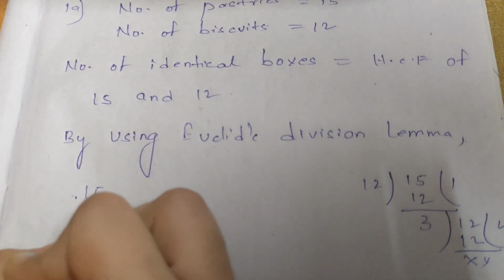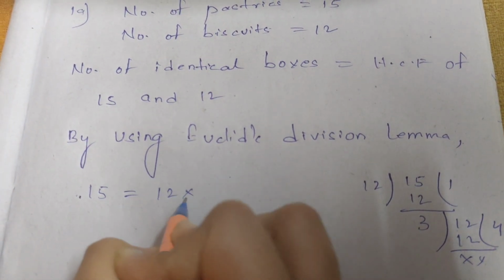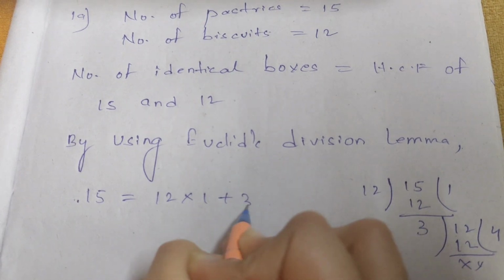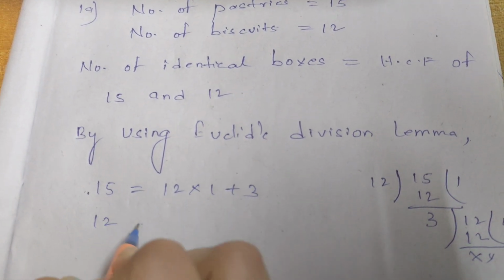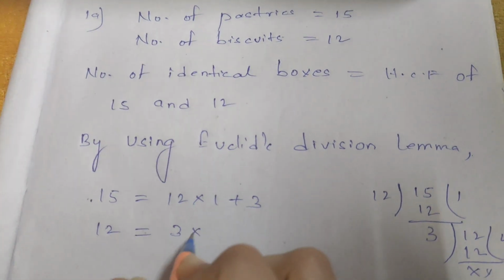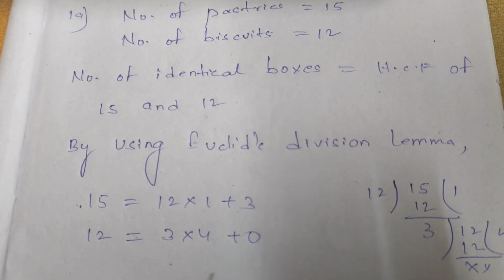So 15 equals 12 into 1 plus 3, and 12 equals 3 into 4 plus 0.